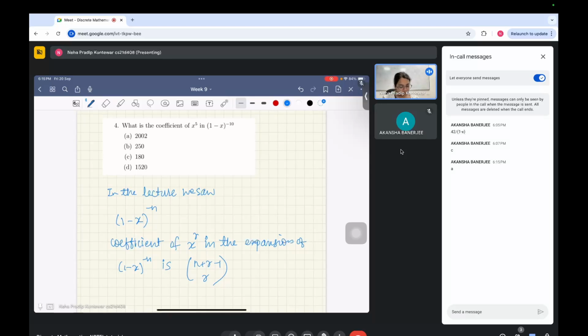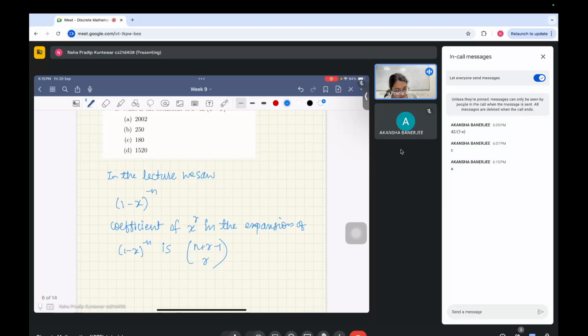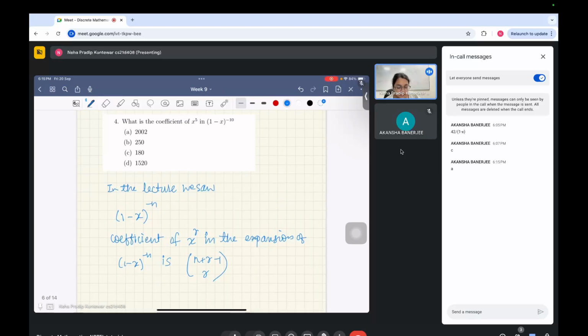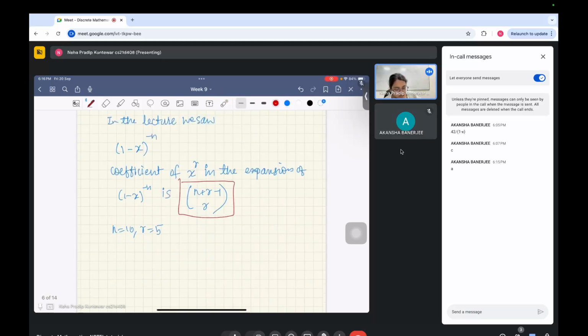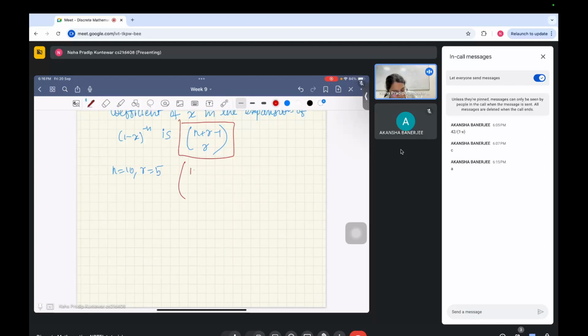Okay, good. So let's identify the value of n and r for us. n is 10 here, and r is 5 because you want to find the coefficient of x to the 5. Now we can just use this formula. For this n and r, you get 10 plus 5 minus 1, choose 5, which is 14 choose 5.